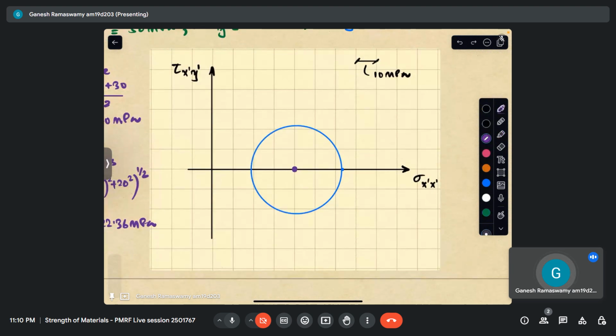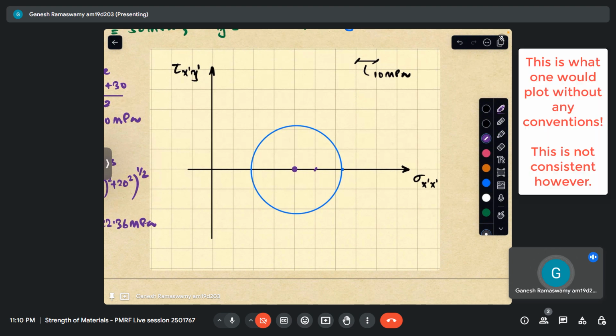So the positive x goes to the right, the positive y goes on top. So this is 50 and this is 20. So this point happens to be my x-plane. So let me draw a line connecting this.